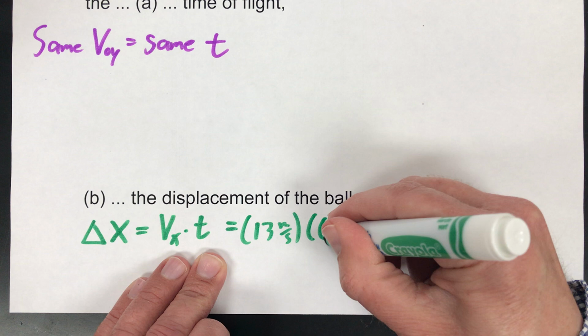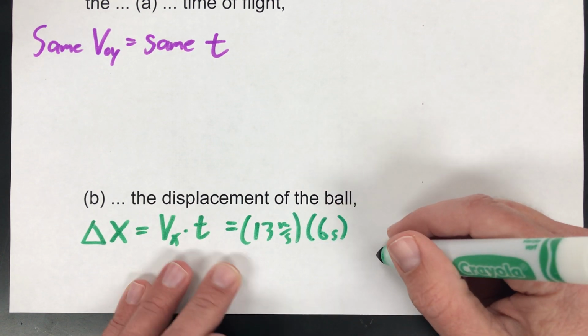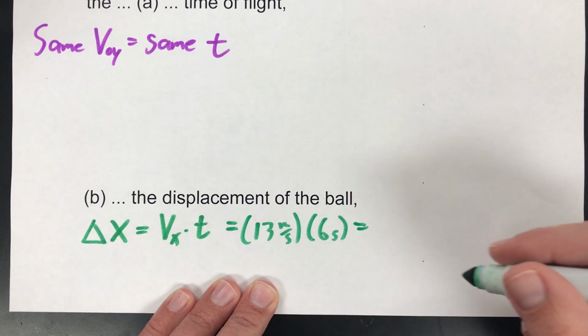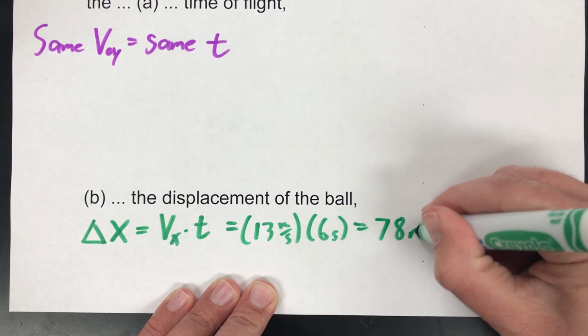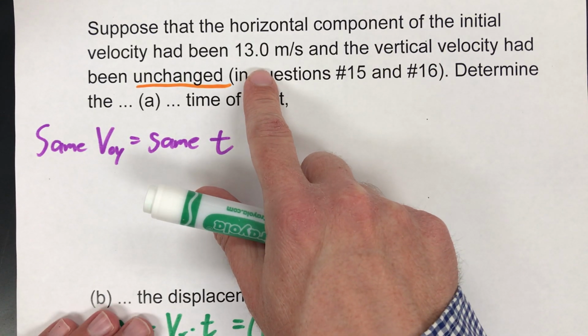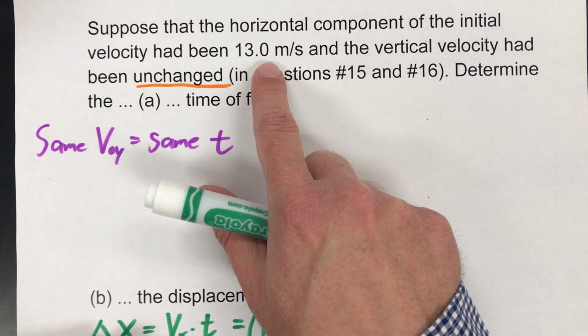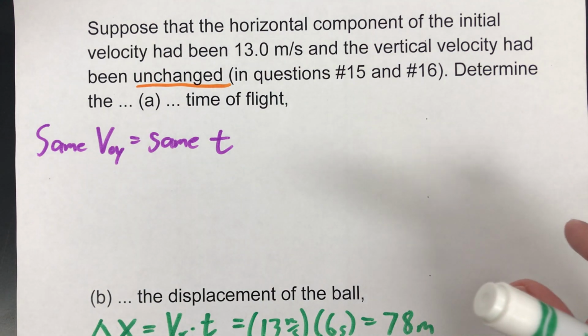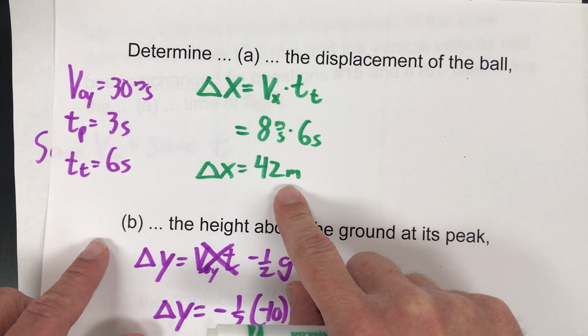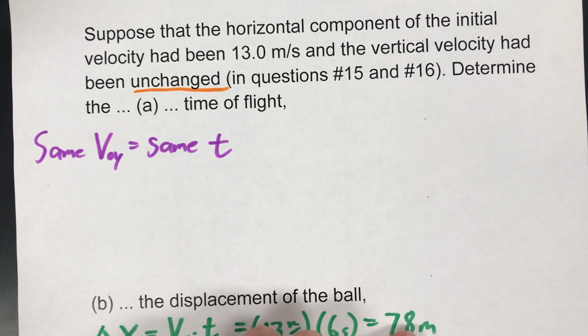Now remember, this time is the total time that it's in the air, so it's 6 seconds. So 13 times 6 there is 78 meters. This makes sense. We're going not quite twice as fast as we were before. We're going 8 and we went up to 13. So our distance here should be not quite twice as much. So instead of 48, not quite 96, 78.